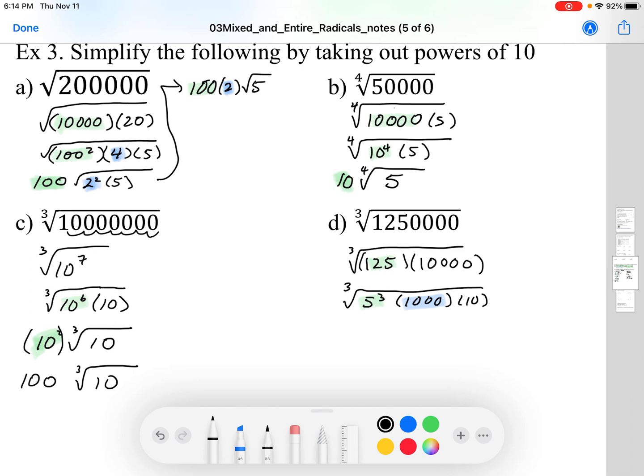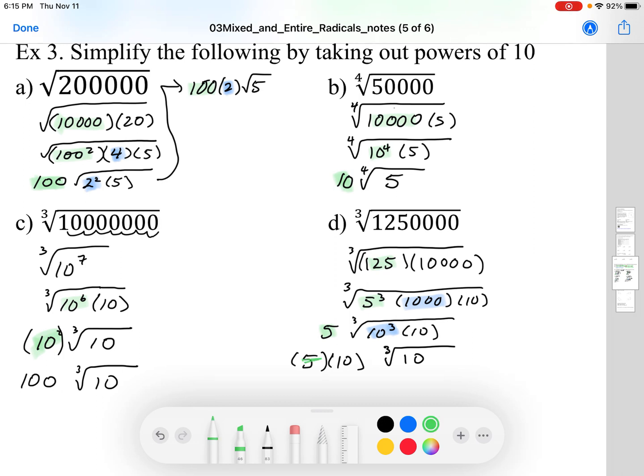So taking that 5 to the power 3 out, when we take inside out, we root. So I'm going to take the cube root. I'm going to write that 1,000 as 10 to the power 3. That 10 to the power 3 is also a perfect cube, so that needs to come out on the outside. So I end up with 5 times 10 on the outside, and left on the inside is that extra 10.